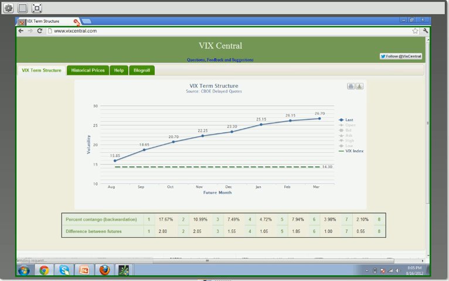This is a cool website called VIX Central, and what it does is lay out how the VIX futures are trading. You can actually see where the cash index closed. The VXX represents a weighted number of August and September futures to have a constant duration of 30 days.